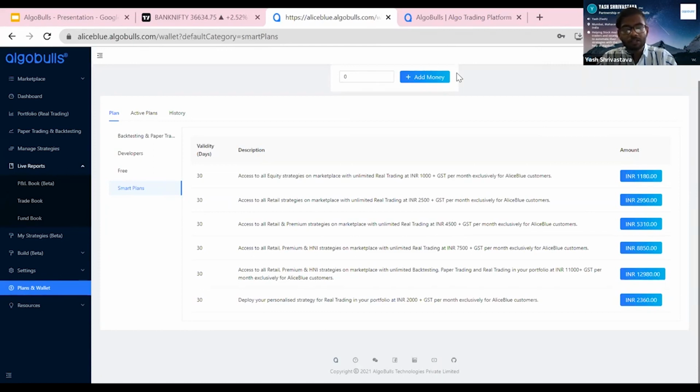Talking about the data part and the slippages. As we all know, when the trade goes from the AlgoBulls signal side towards the brokerage end, slippages are the time gaps. Just for context for other people, in algo trading, slippage is the delay that happens in trading time.